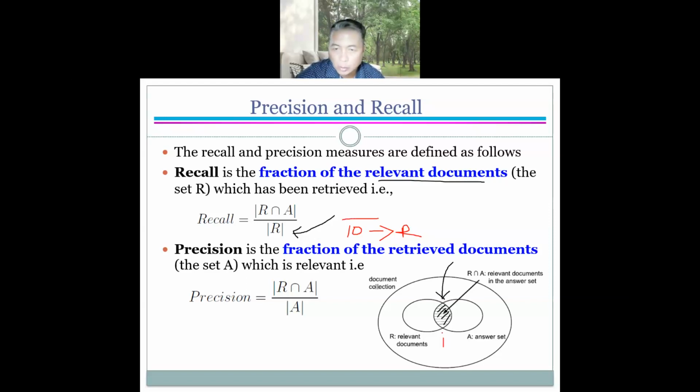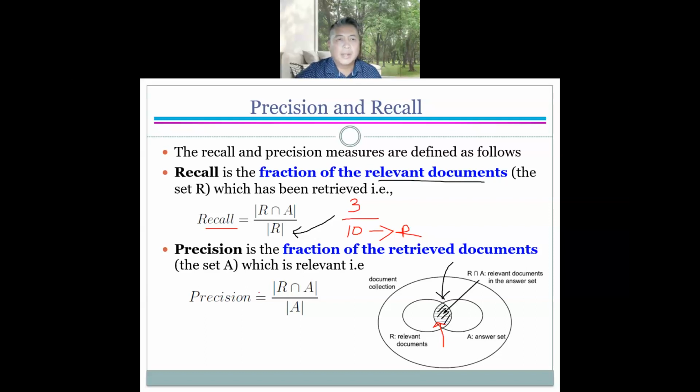We are looking at this portion here. If we say 3, that means out of 10 relevant documents, only 3 have been returned to you, have been provided to you. Okay, so this is recall.